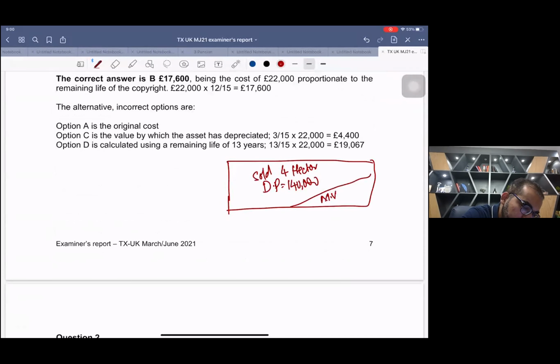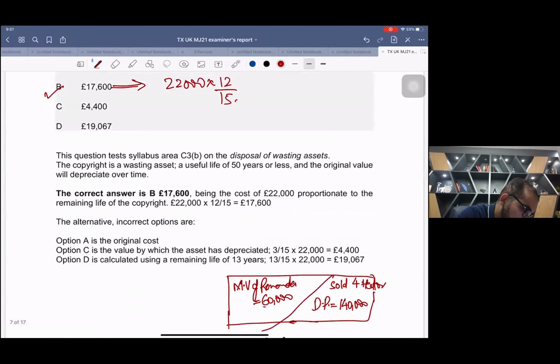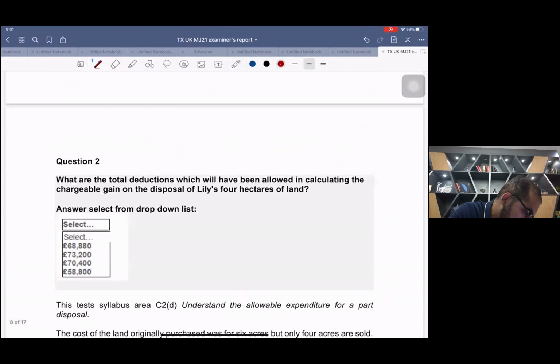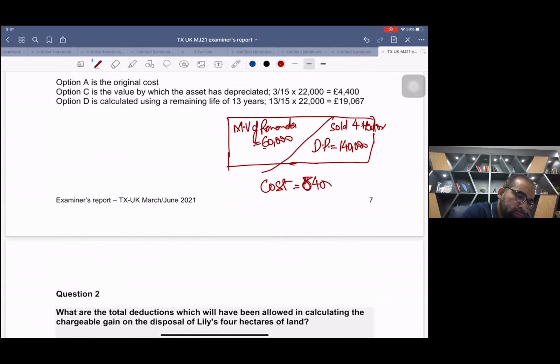Market value of the remainder is 60,000. The original cost for this complete plot is 84,000. So this 84,000 will be apportioned between these two.